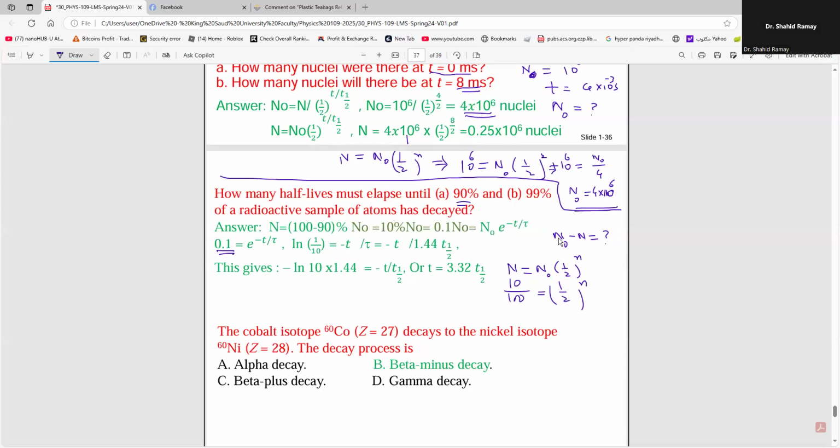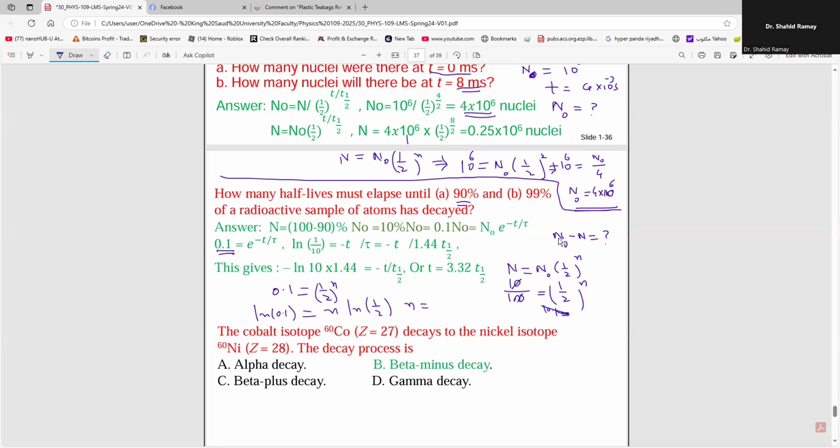Actually, what we have to find is this n value, which means t over t half. You can solve it by taking the log of this value. So 0.1 is equal to 1 over 2 raised to n. Apply ln: ln 0.1 on this side and n into ln 1 by 2.